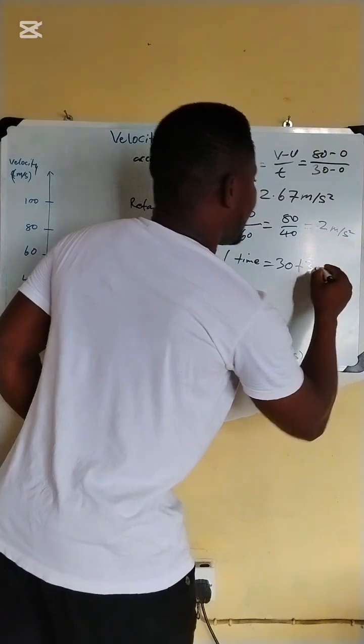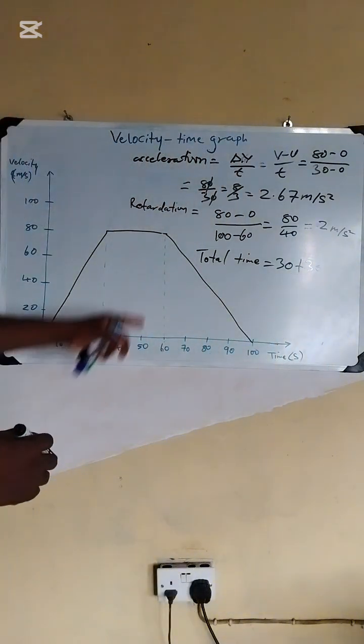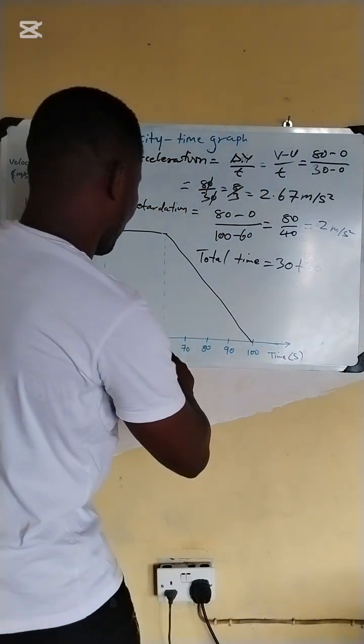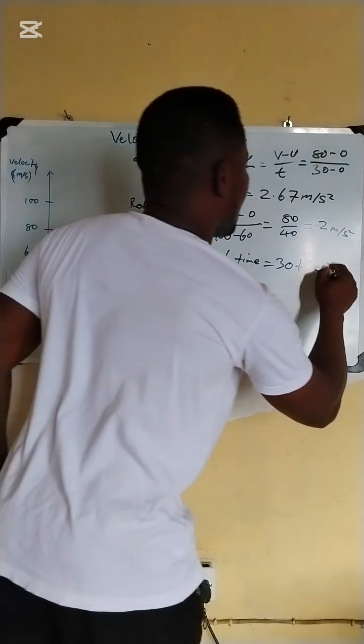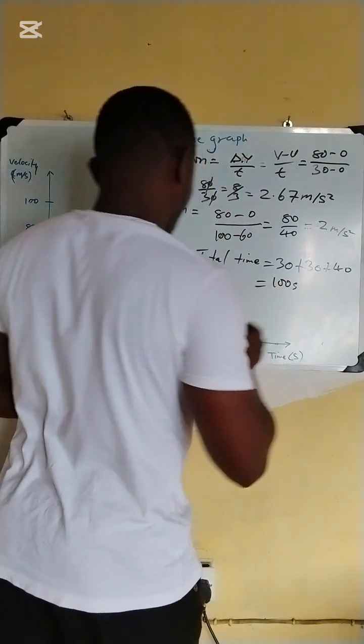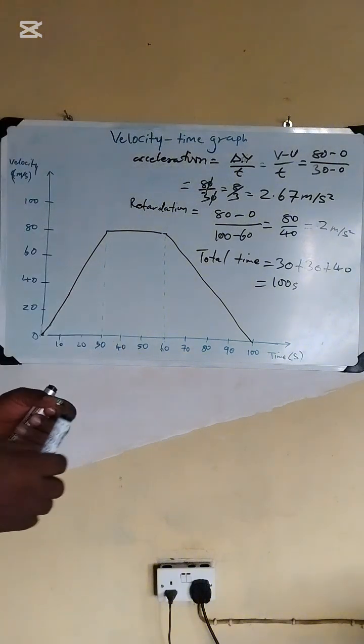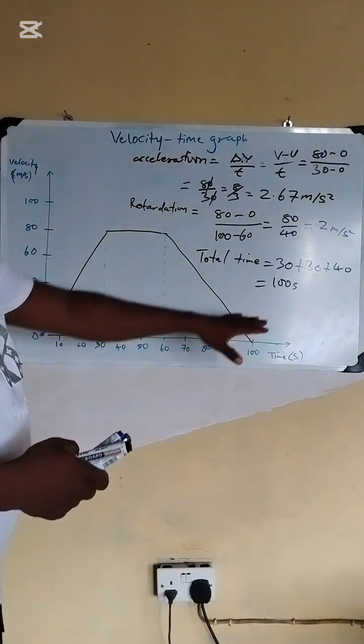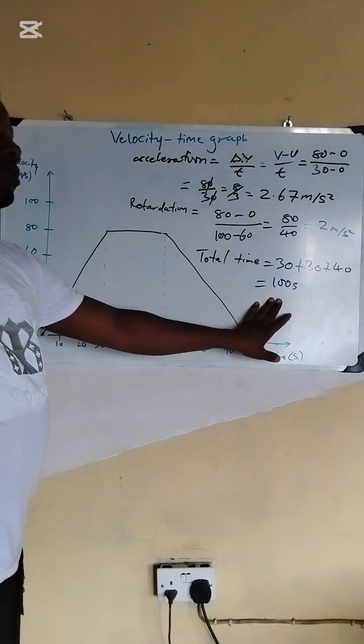Then the time it takes the car to return to rest, from here to here, is 40. That is 30 plus 30 plus 40, which is equal to 100 seconds. So the total time the car used for the journey is 100 seconds. Thank you.